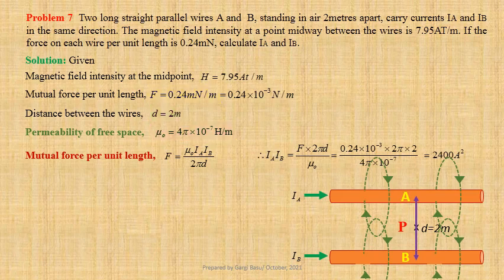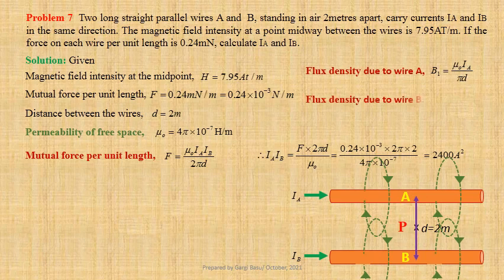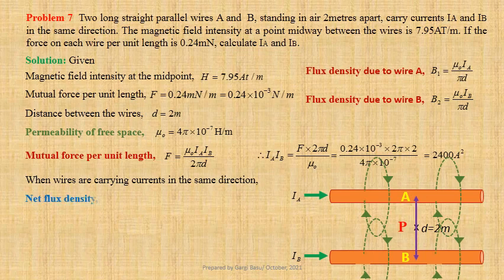At the midpoint P, flux density produced due to wire A, B1 equals mu0 times IA divided by pi times D. Flux density produced due to wire B, B2 equals mu0 times IB divided by pi times D. When wires are carrying current in the same direction, net flux density B equals B1 minus B2, that is equal to mu0 by pi times D into IA minus IB.